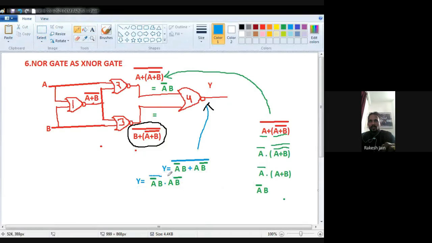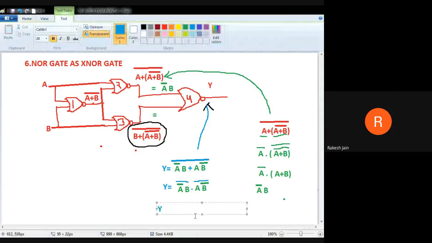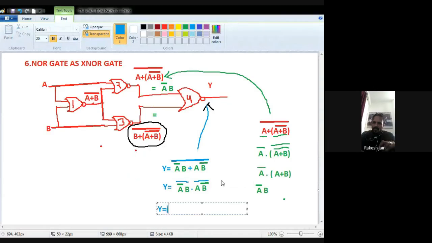So first thing is A bar B, then write down the second thing, A B bar, and then mention separate bar over there.